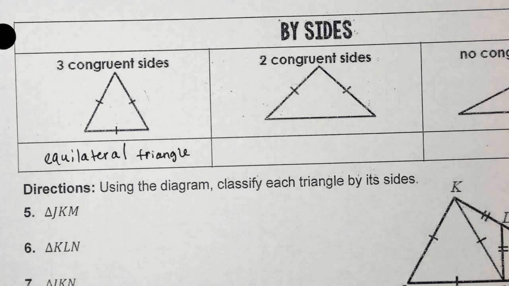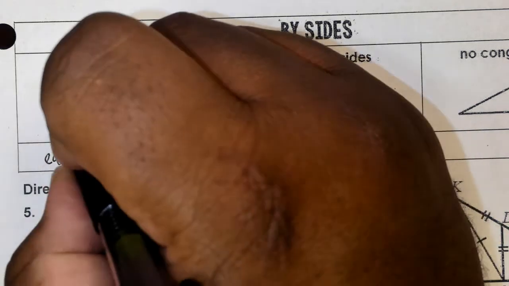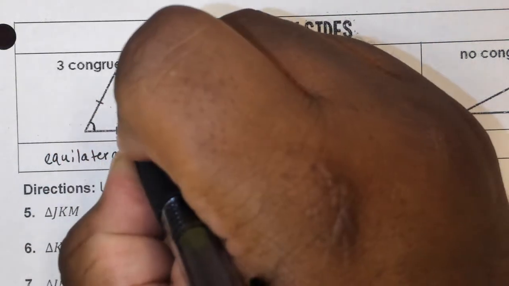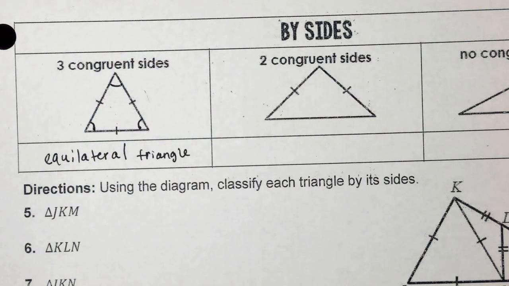Let me ask you this, and you should know, if the triangle is equilateral, it's also what? Yeah, if the triangle is equilateral, it also has to be equiangular. If all the sides are going to be the same, all the angles are going to be the same as well.